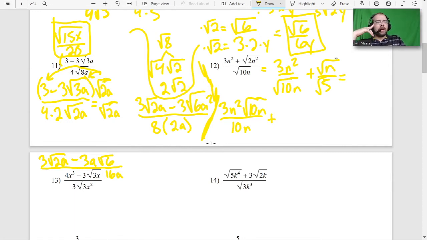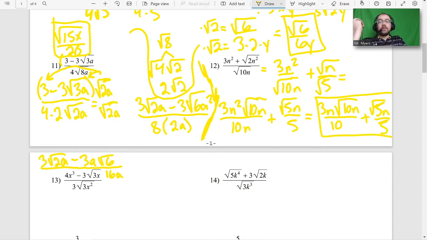On the second fraction, I would multiply by the square root of 5, square root of 5n over 5. And then I can do just a little bit more, because I now have an n outside of the radical that I can simplify a little bit. 3n root 10n over 10 plus root 5n over 5. Right, those are 5s, not 3s.